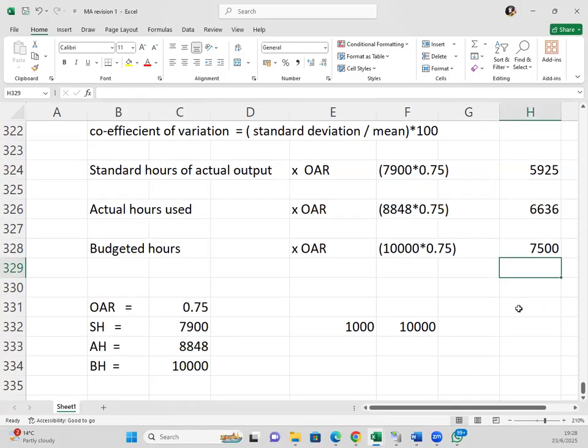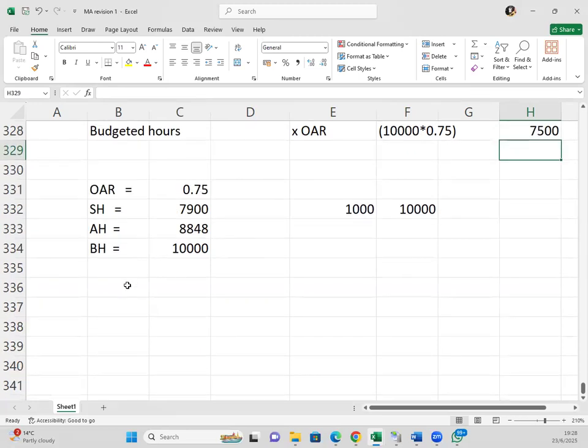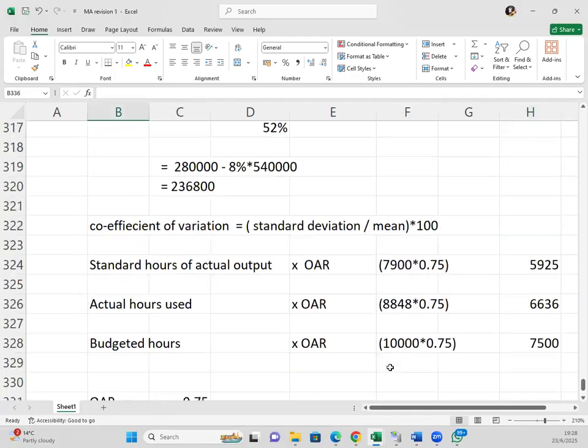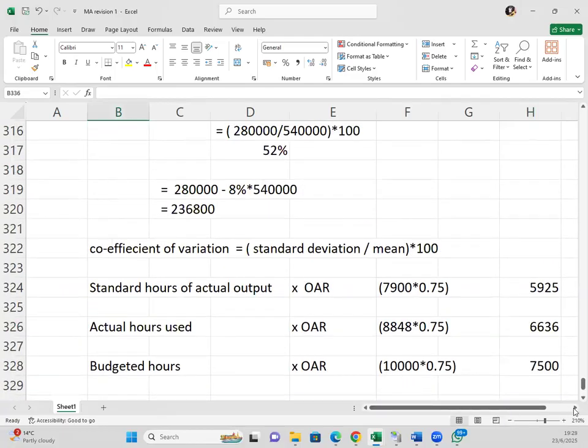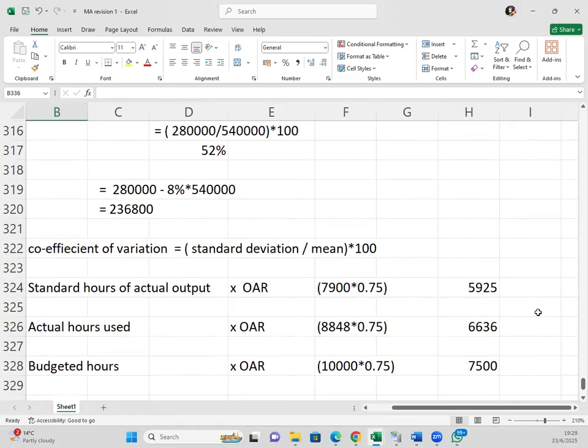So having this, the difference between the first two, the standard hours at actual output minus the actual hours, will give you the efficiency variance. The good part about Excel, we can just extend and put it here. So the answer on top, that's 5,925 minus 6,636.